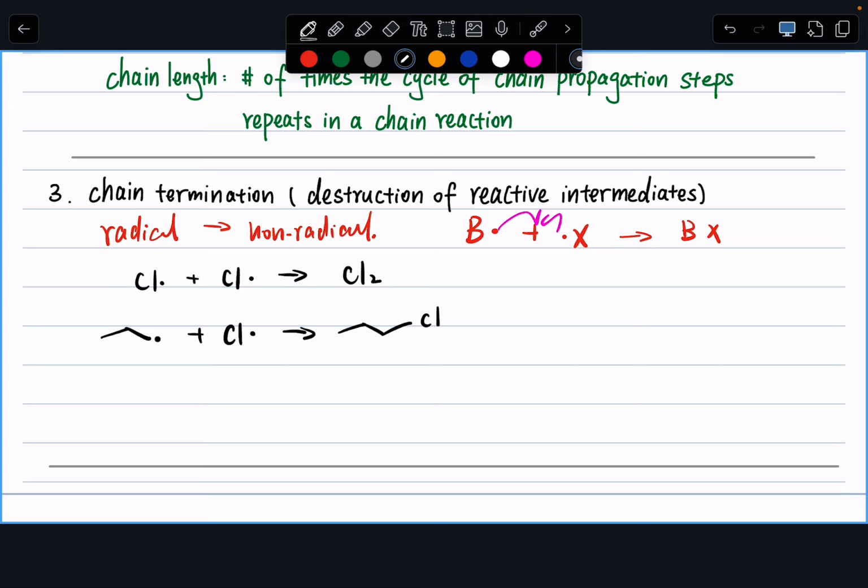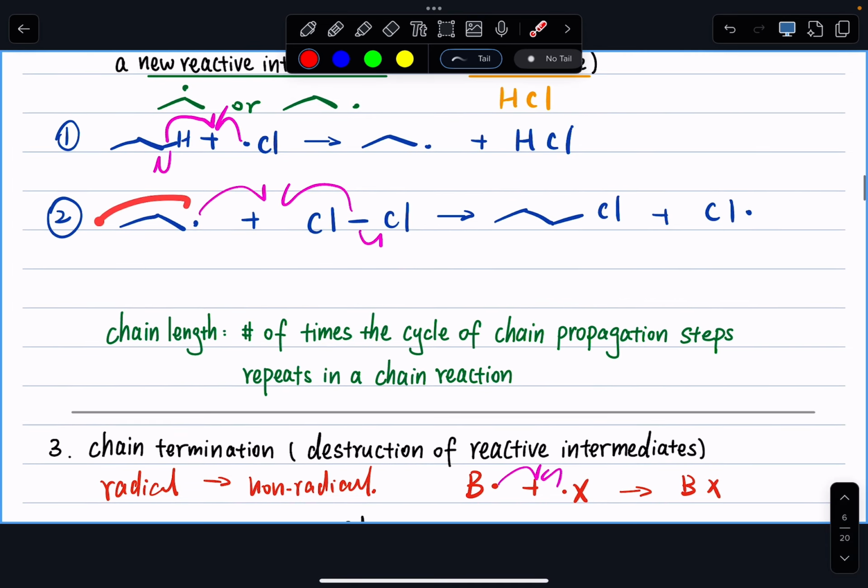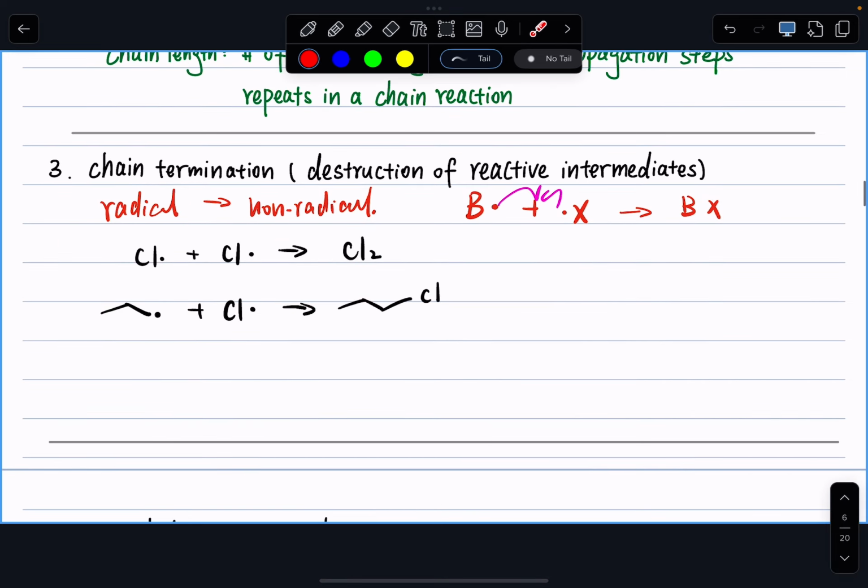Note that this also forms a haloalkane in some of the propagation steps, but the reaction doesn't stop there. The difference is that this is a termination reaction, meaning after we form the product, there's nothing else to keep reacting. But in the previous case, the carbon-centered radical reacts with Cl2, releasing the product and at the same time forming another Cl dot. So that's the difference between propagation and termination.